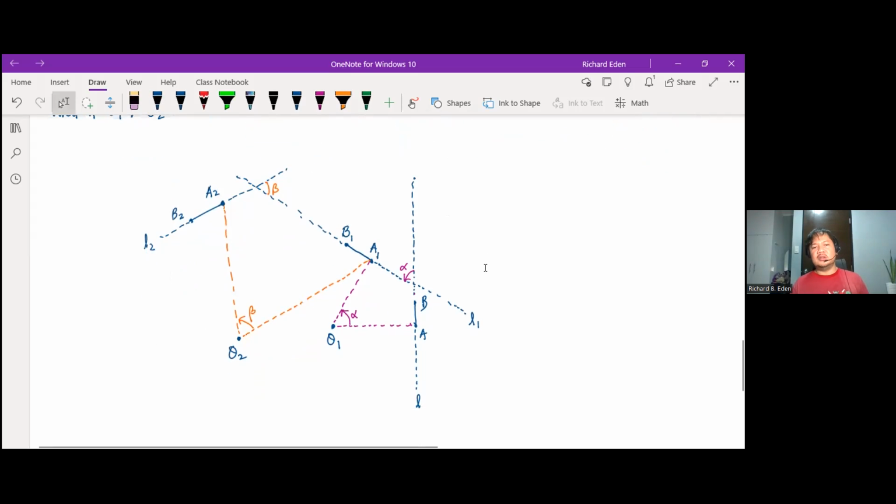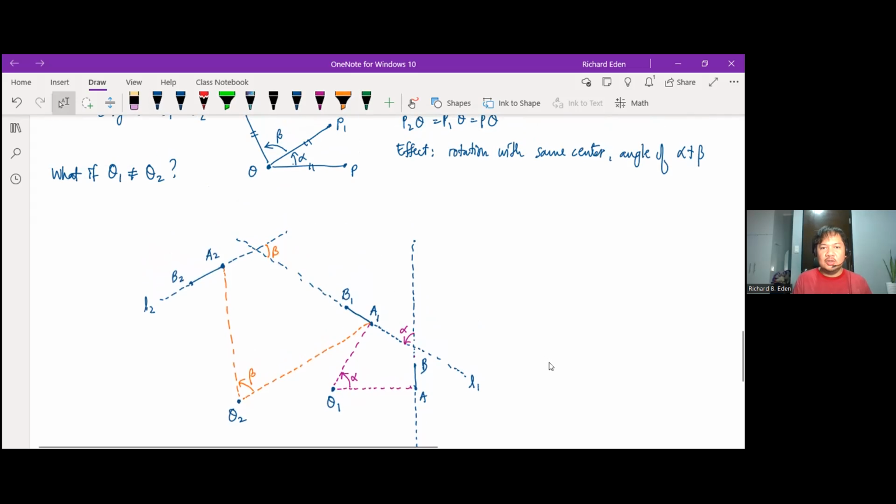Now, what we would like to compare is the original AB with A2B2, and they belong to lines L and L2. What is the angle between L and L2?